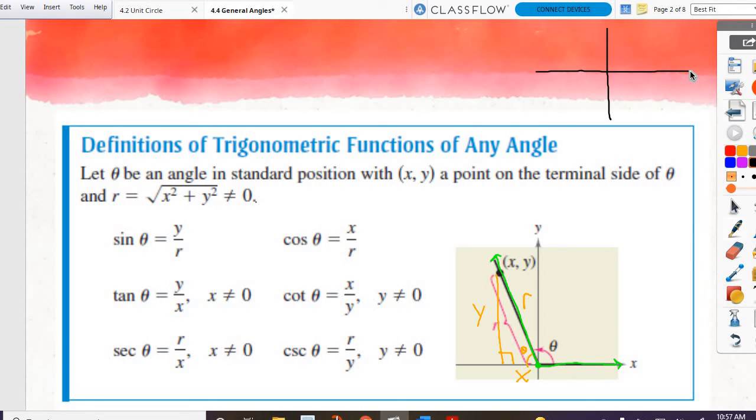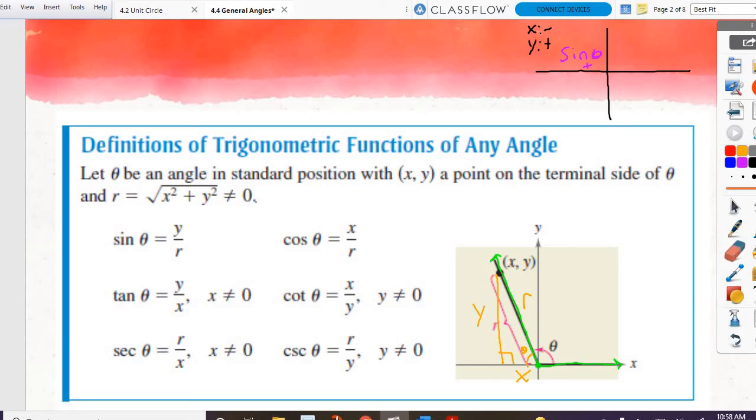Alright. So if we think about that, we said that in my second quadrant, x is negative and y is positive. So which of our trig functions was the only one that was positive? Sine was positive.